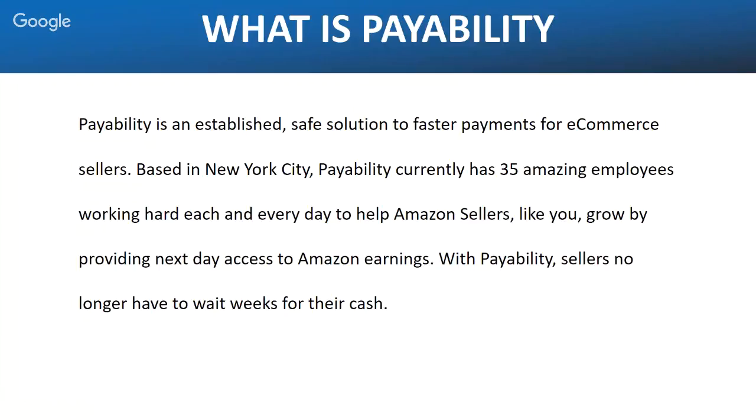Right, so Payability is an established, safe solution to faster payments for e-commerce sellers. These guys are based in New York City. Payability currently has 35, they're calling it amazing employees, working hard each and every day to help us Amazon sellers like you grow by providing next day access to Amazon earnings.